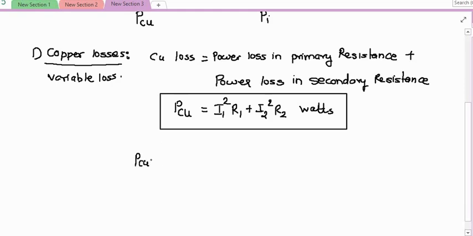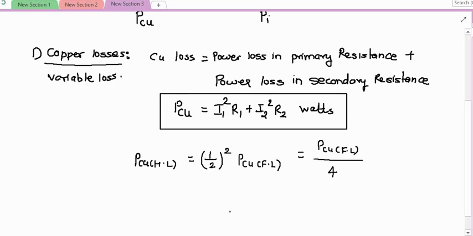So PCu at half load is nothing but one half whole square times PCu full load, so it is PCu full load upon 4.